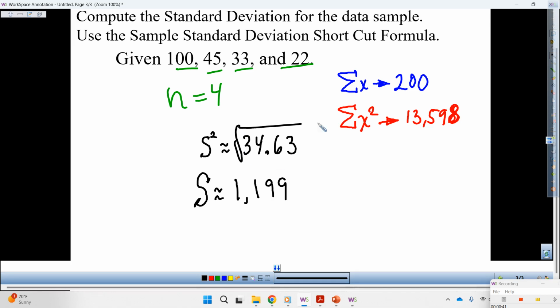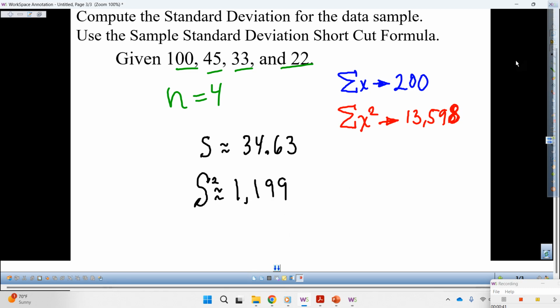So if you take the square root of this, come on, people. So what you're saying is that the variance is 1,199?